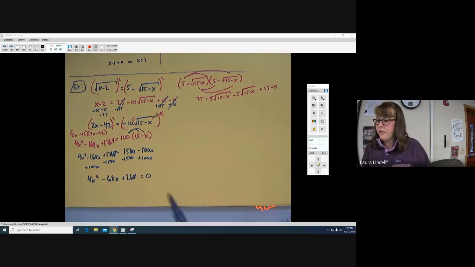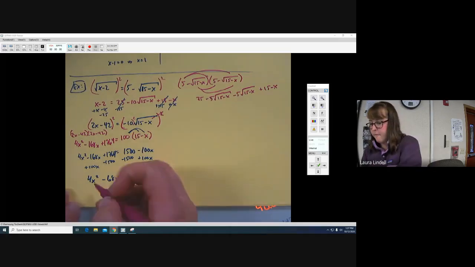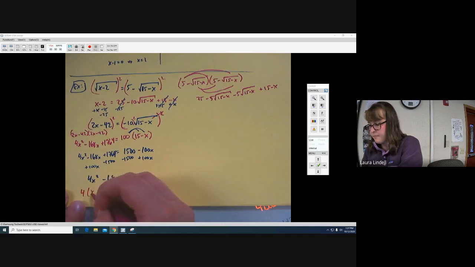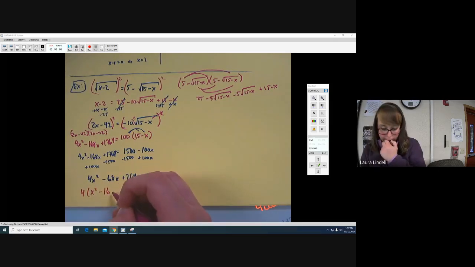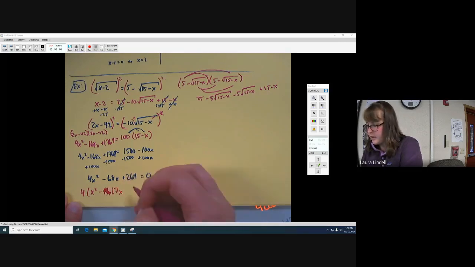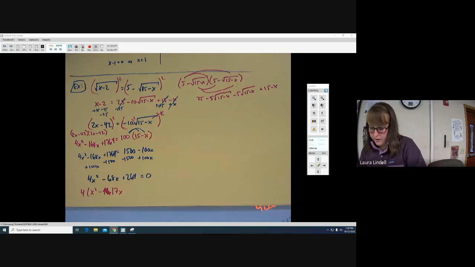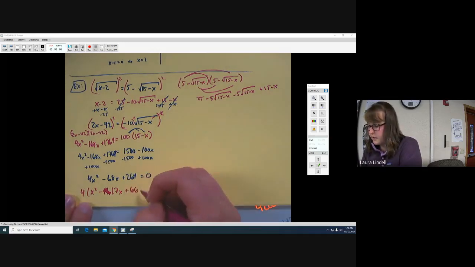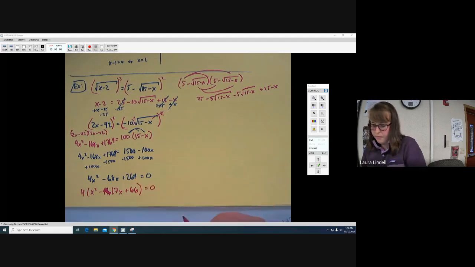Okay, now this ends up working the same way as the previous two did, where we can now factor this thing. So first we take out the GCF of 4. Wait, that might not be, no, it's 17, just kidding. 17x, and then plus 66 equals 0.